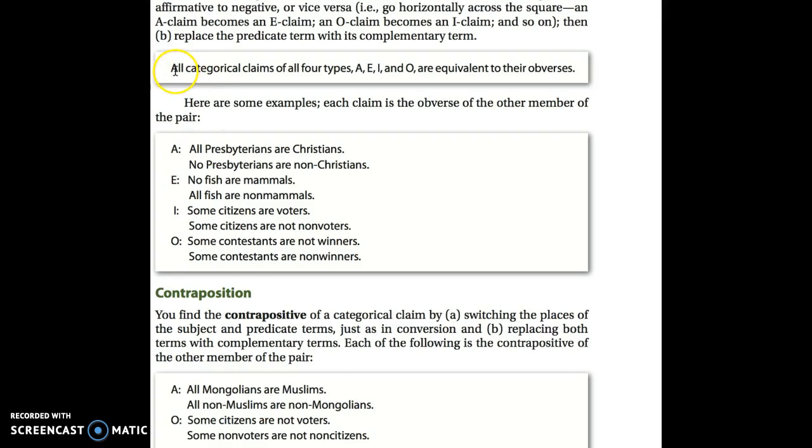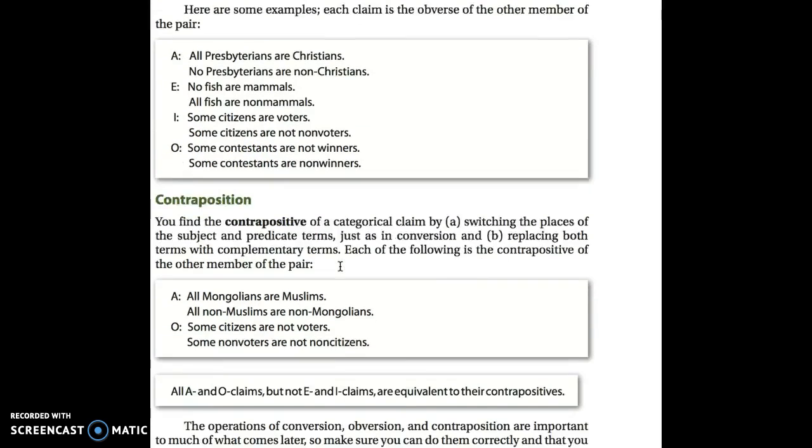So notice here, all categorical claims of all four types, A, E, I, O, are equivalent to their obverses. Okay? Remember, with conversion, only E and I claims were logically equivalent. Under obversion, all A, E, I, O claims with the obversion of it are logically equivalent.